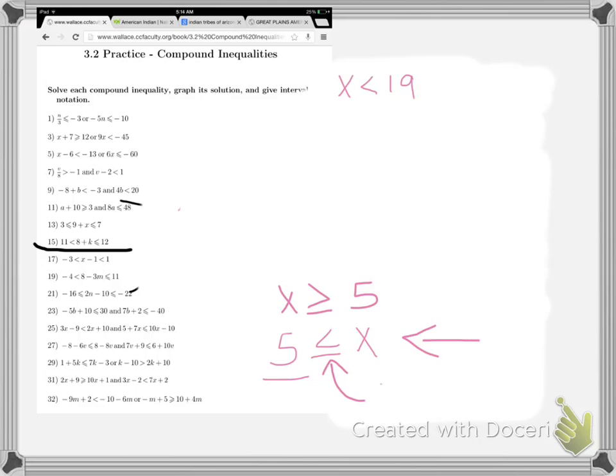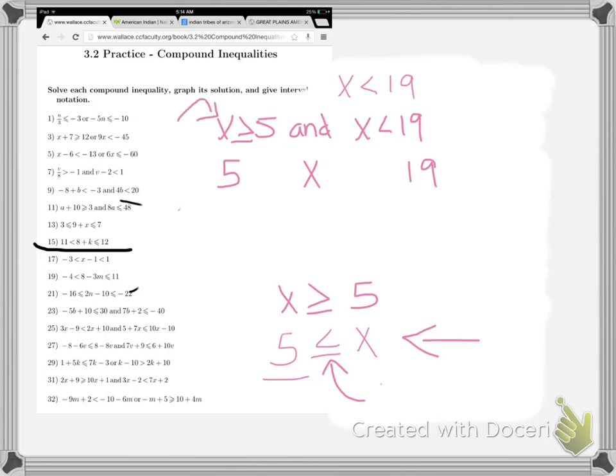So here is your first way. You can write it like this. X is greater than or equal to 5 and x is less than 19. That's option number 1. Option number 2 is to write it with the x in the middle. You put the lesser number on the left, the greater number on the right, and then you make sure, again, your signs are opening in the right direction.